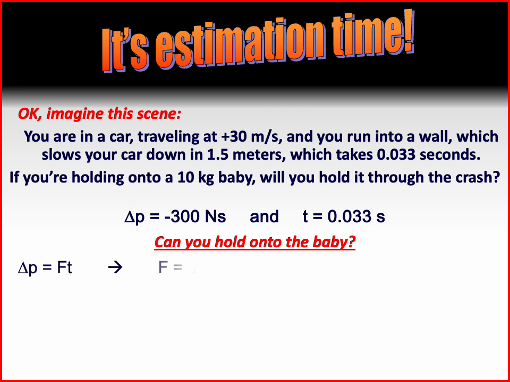Here's our equation for impulse. It's how much force is exerted for a certain amount of time. We rearrange it to solve for force. So we know the change in momentum, that's that 300 Newton seconds, and we know that you have to be able to counteract that impulse for 33 thousandths of a second.